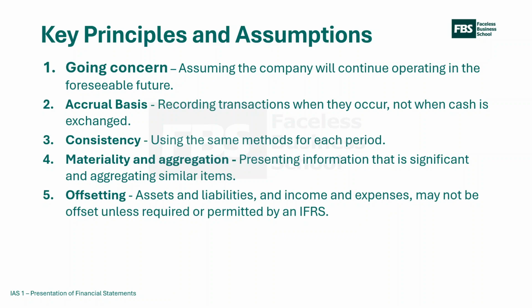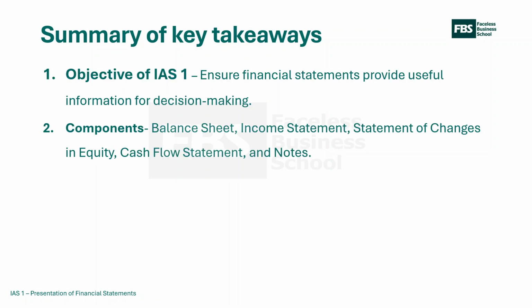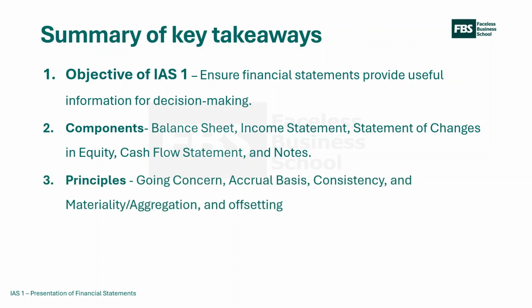Summary of key takeaways from this lesson. The objective of IAS 1 ensures financial statements provide useful information for decision making. The components of financial statements include the balance sheet, income statement, statement of changes in equity, cash flow statement, and the notes to the accounts.